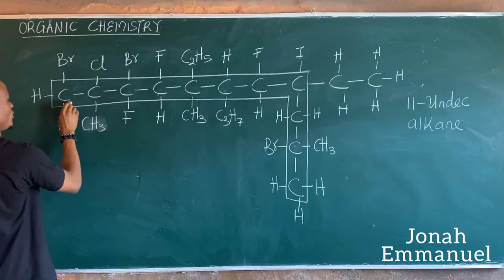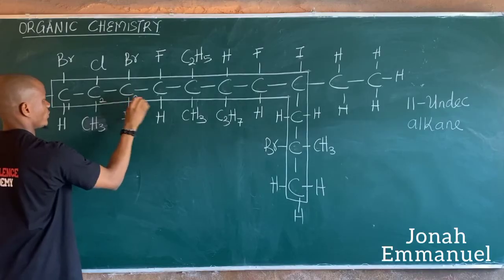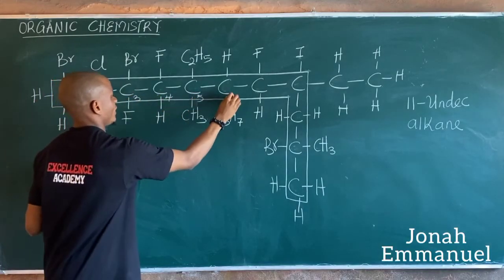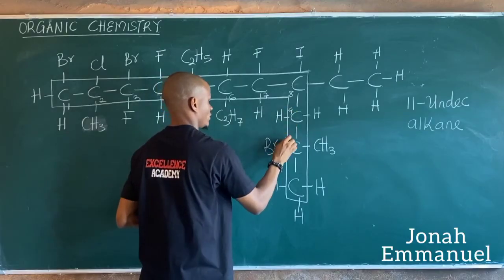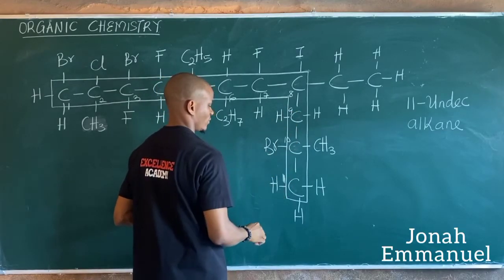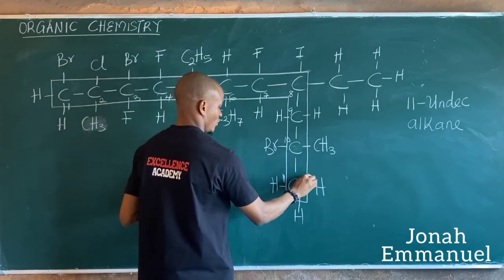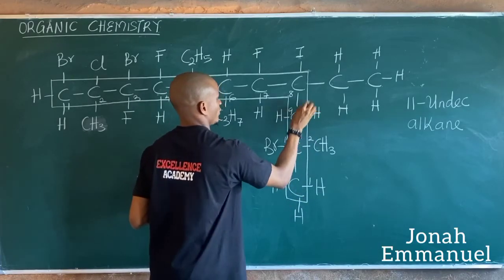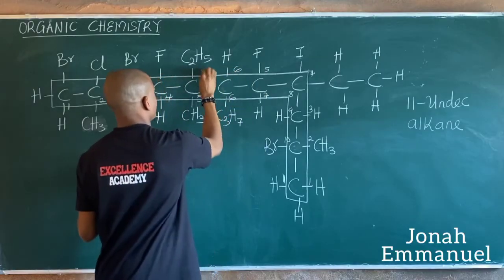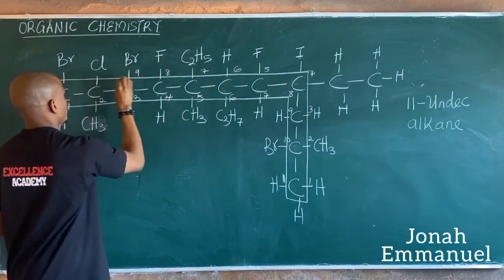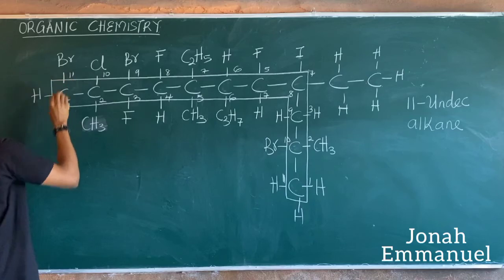Next up, do my numbering. So lower numbering 1, 2, 3, 4, 5, 6, 7, 8, 9, 10, 11. Upper numbering this way, I'm having 1, 2, 3, 4, 5, 6, 7, 8, 9, 10, 11.